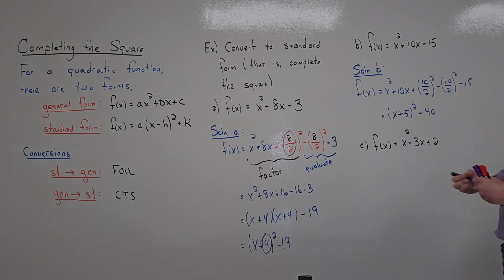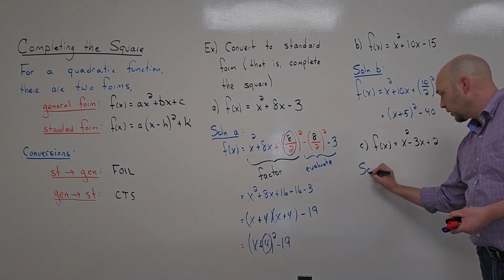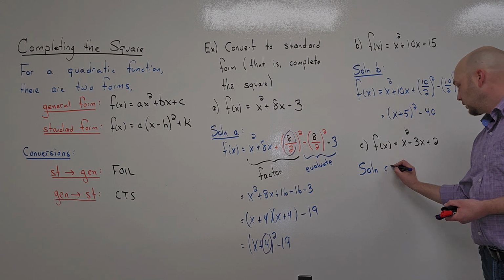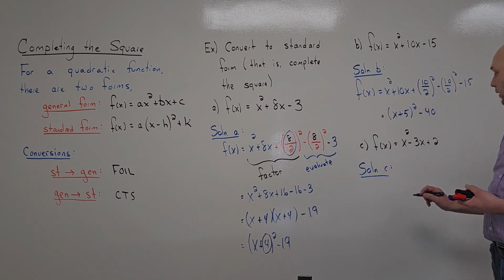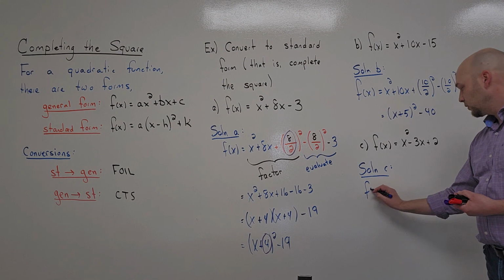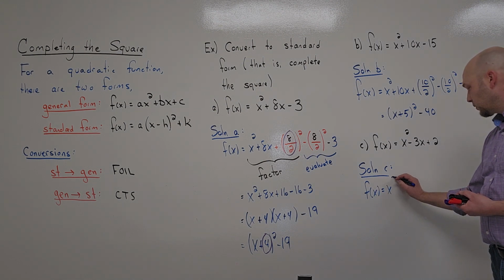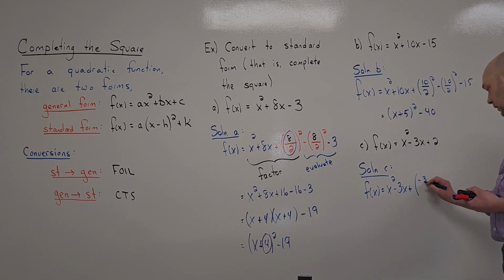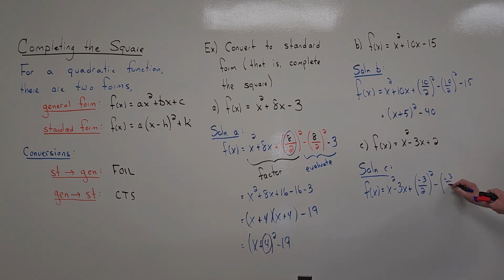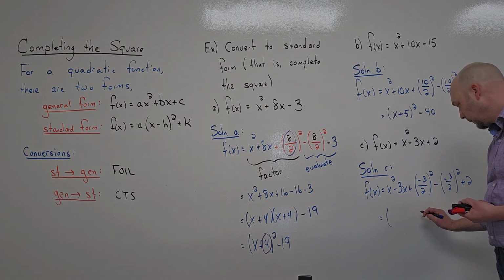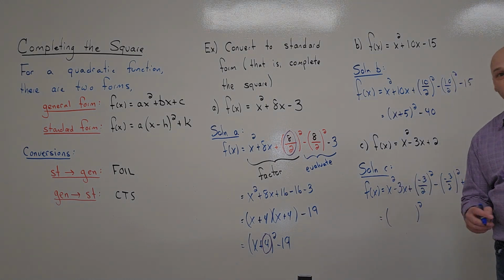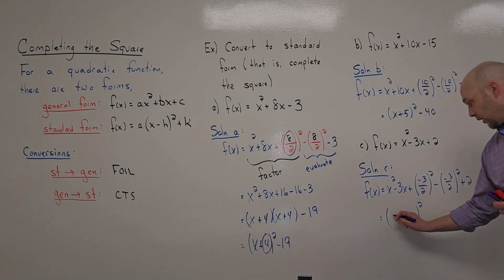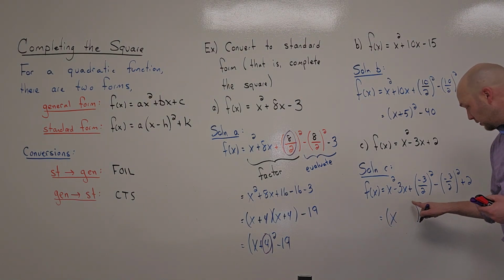What happens here is, again, it's going to be a very similar story, but let's see, so solution for part C, f of x equals x squared minus 3x plus, I'm still going to take the coefficient of x divided by 2 squared minus the same number, and then add 2. It's still going to factor as a perfect square, where the number that goes here is the number that's right here.